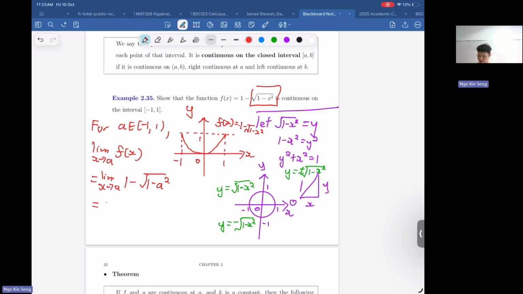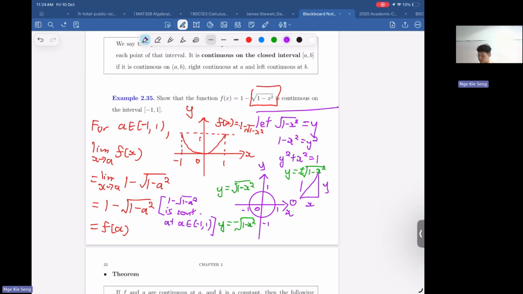So that you can use 1 minus square root of 1 minus a squared, which is f(a). Why? Let me put a reason here. Because 1 minus square root of 1 minus a squared is continuous at a, which is in between -1 and 1.